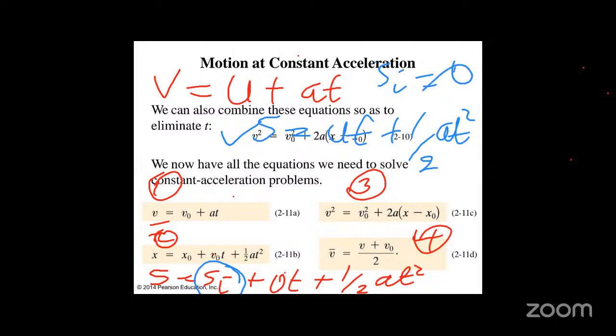If you substitute xi equals 0 into this equation, it becomes this. But if the object is starting at a particular position, then it will take this form.